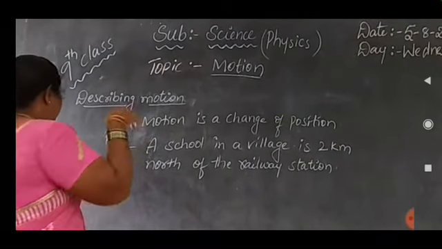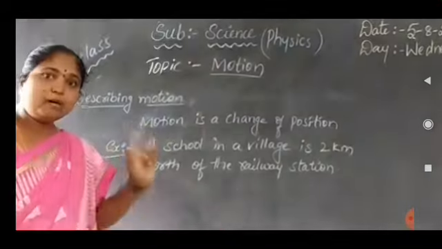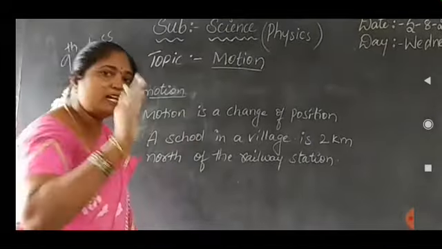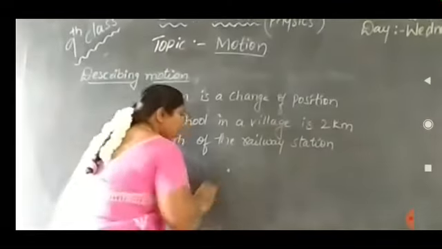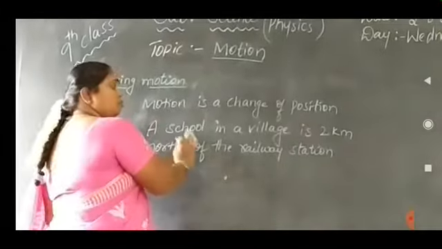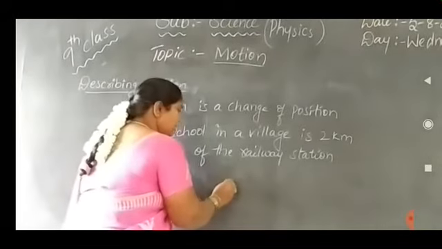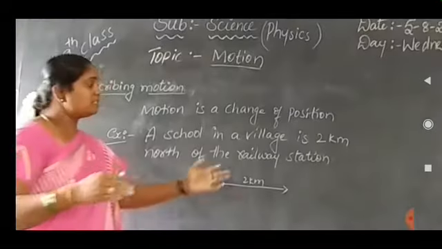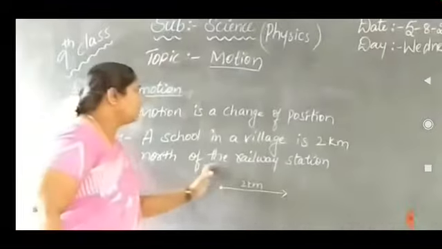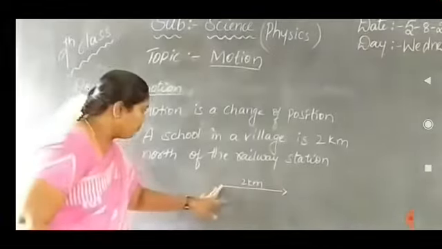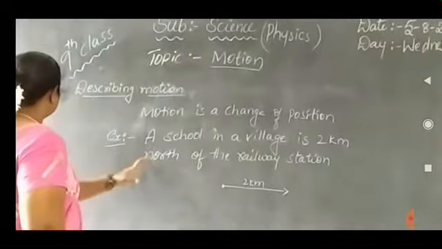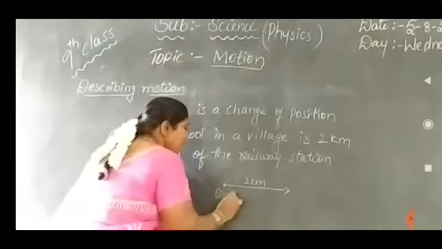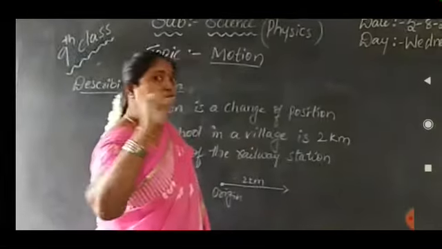To describe the position of an object, we need some reference point. That point itself we call the origin. The school is 2 kilometers towards the north, north of the railway station. The reference point we call the origin.